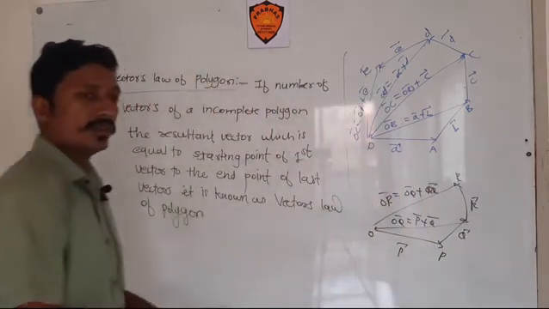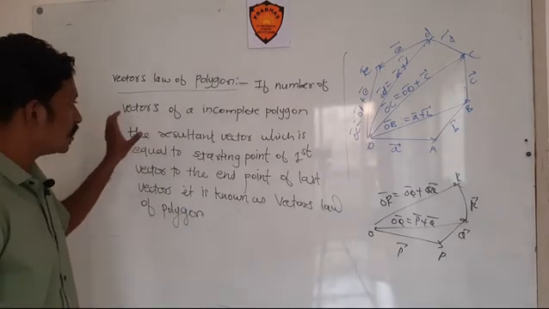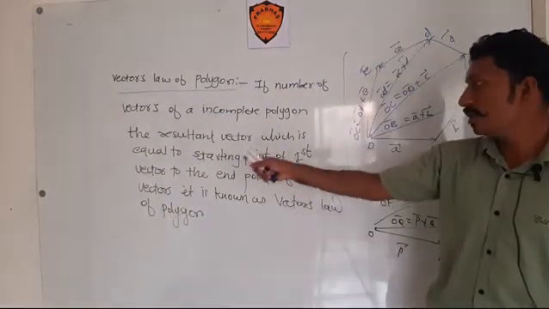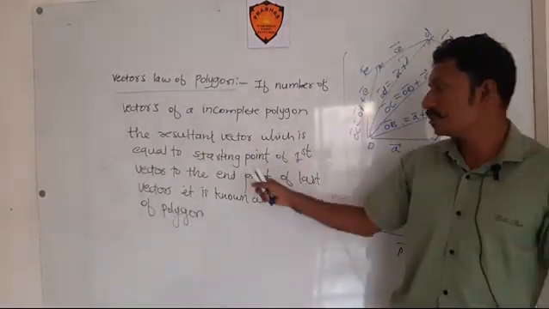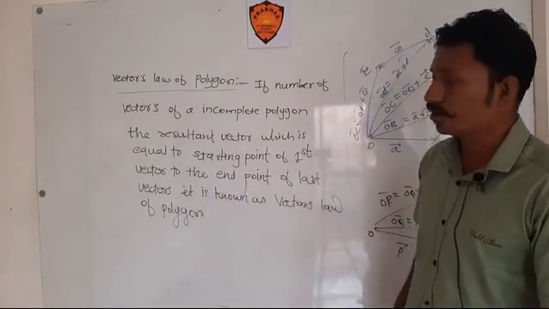Understand, student? Okay, what is this law? If number of vectors of an incomplete polygon, the resultant vector is equal to the starting point of the first vector to the end point of the last vector, and it is known as the vectors law of polygon.